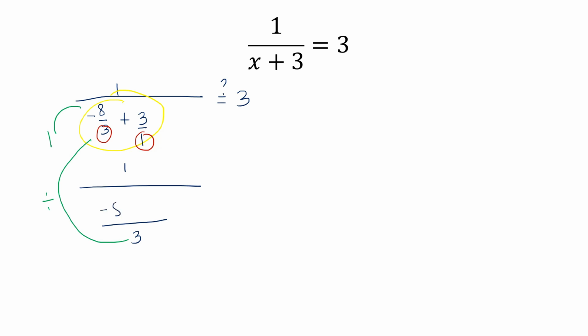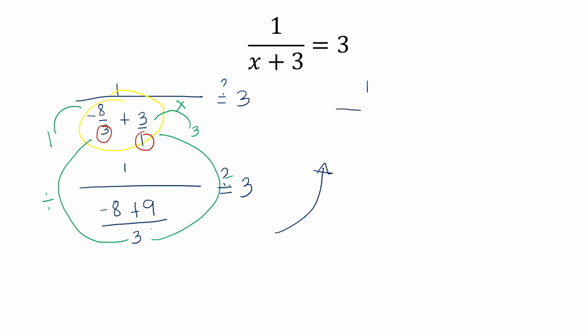Okay, so it's negative 8. Next, 3 divided by 1 is 3. And 3 times 3 is 9. Okay, so positive 9. Next, equals 3. Will that be equal to 3?